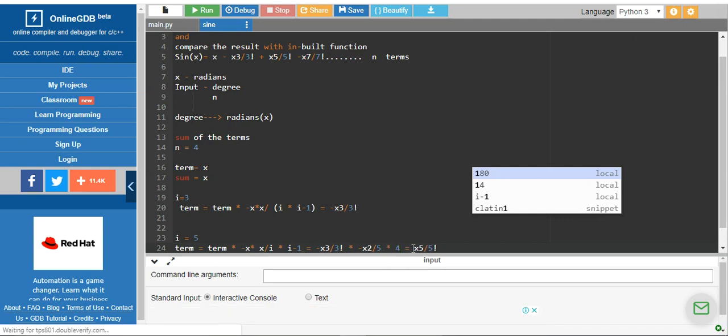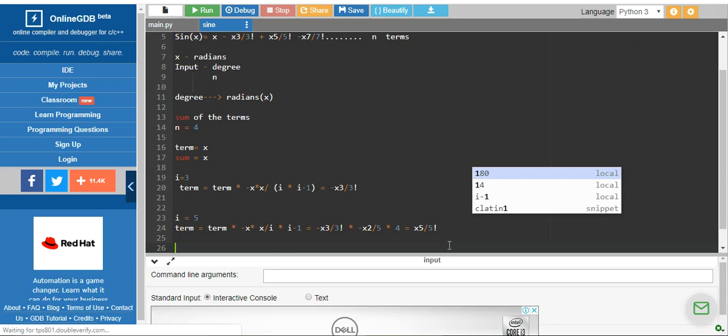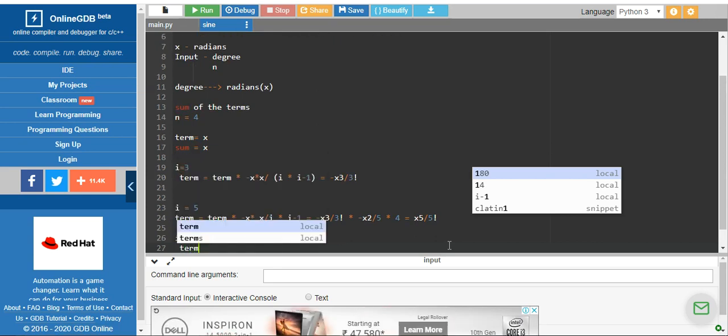I hope you are able to understand this concept. Now when i value is equal to 7, what would be the next term? We already have the previous term as x to the power of 5 divided by 5 factorial, and this would be multiplied with minus x square divided by, what is i value? i value is 7 into i minus 1 would be 6.